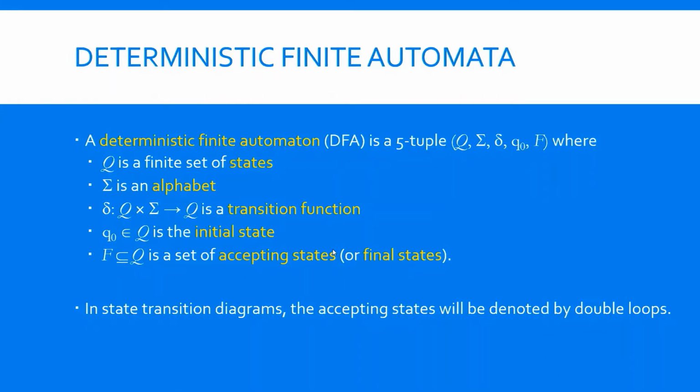Okay. And in the state transition diagram, we know the initial state is denoted by a single arrow. Out of many states, how do we recognize which one is the initial state, which one is Q0? For that, an arrow is required. And for final states, a double circle is used. All other states are represented by single circles. Okay.